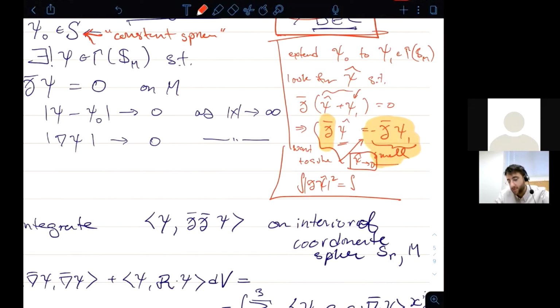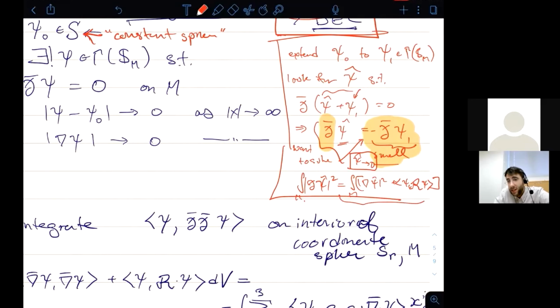When you integrate by parts, the boundary terms for such a spinor would go to 0. Only if they don't go to 0 will you get something in the boundary terms. Anyways, the point is you get something like this plus psi, and then the curvature term in the Lichnerowicz formula here, integrated over M. So this gives you an upper bound for your operator in a sense.